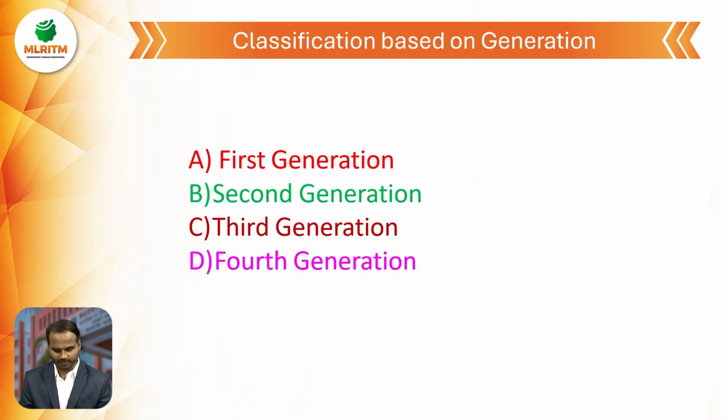Classifications based on generation. In that, we have four types of generations: first generation, second generation, third generation, and fourth generation.